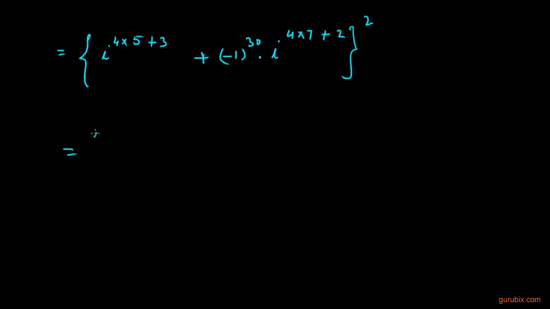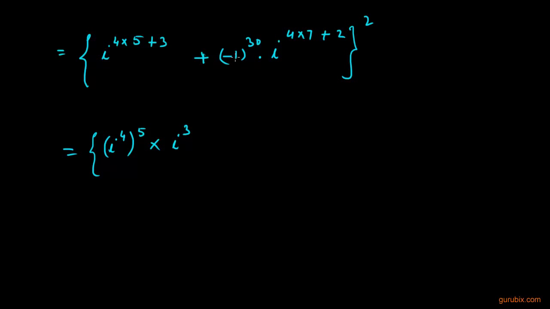And we can write it as iota raised to the fourth power and this whole value raised to the fifth power into iota raised to the third power. And we know that if the power of a negative number is even, then the value will be positive.